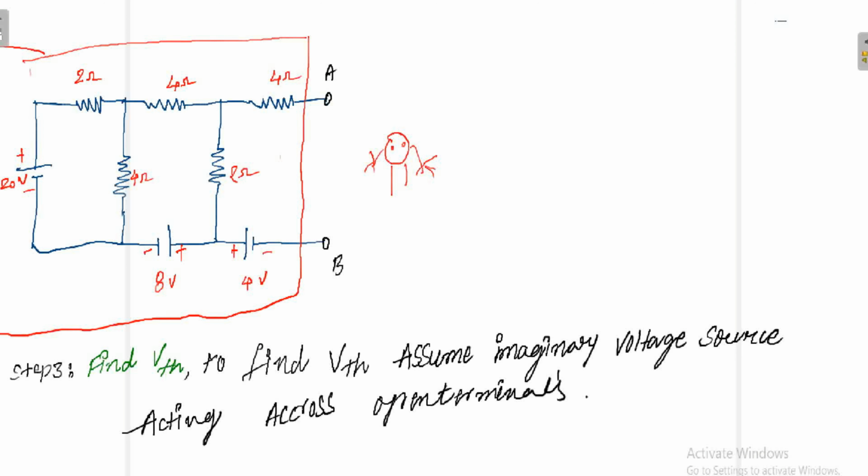If I enclose this total in a box, I will see only these 2 terminals. It is like a 2-port network, one box with 2 terminals coming out. According to Thevenin's, whenever you see from the terminal side, it looks like a two-port network with two terminals.